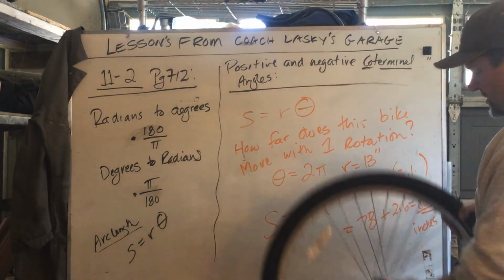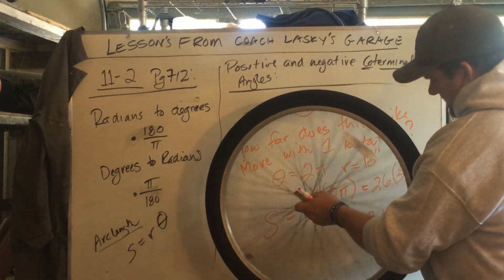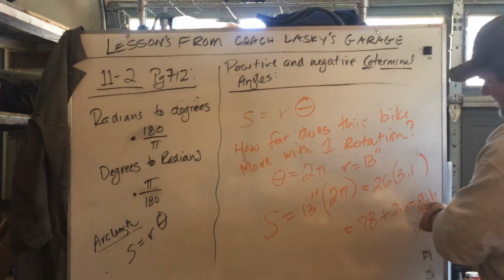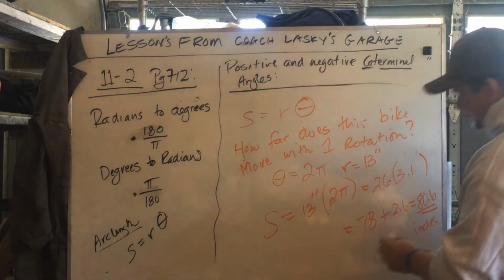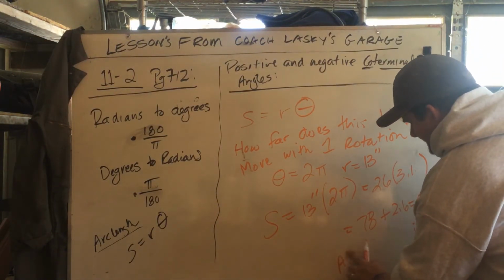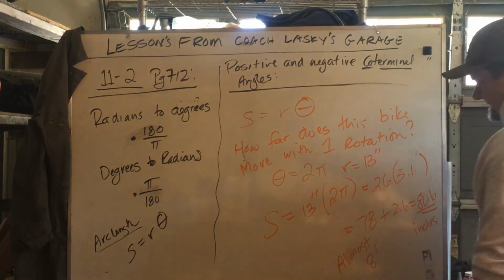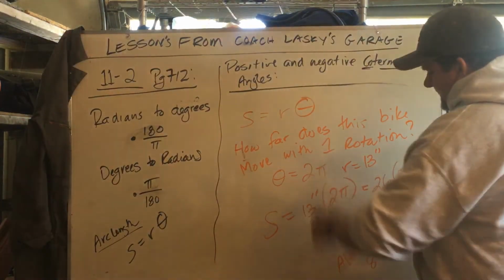So when this tire rotates one rotation, you will have gone 80.6 inches, which is almost 8 feet. So that's how you use arc length.